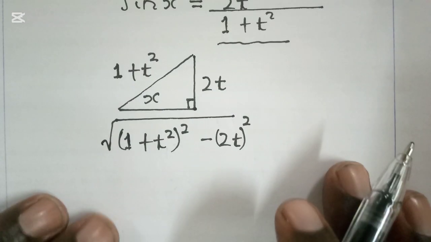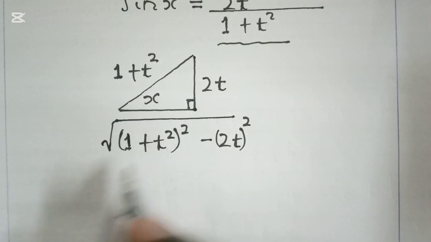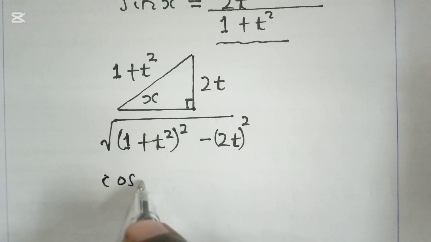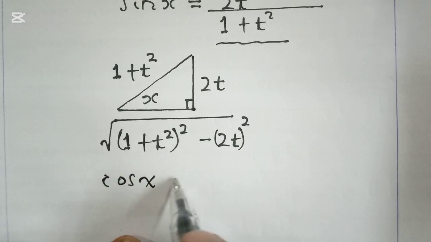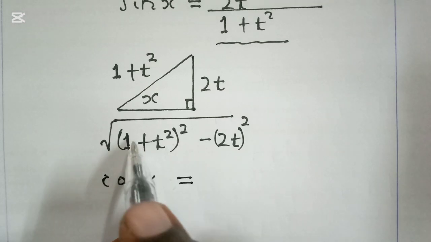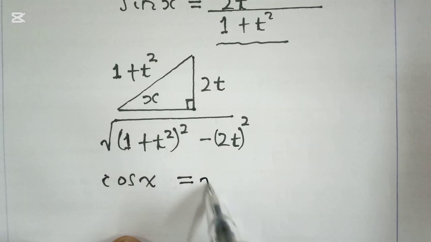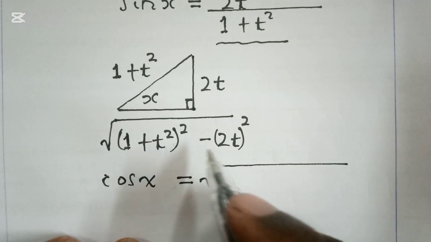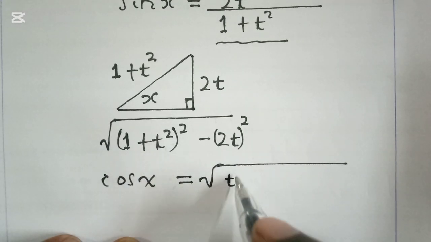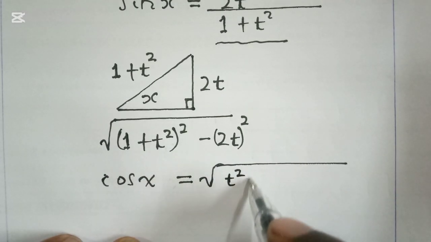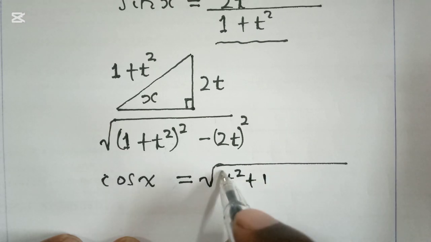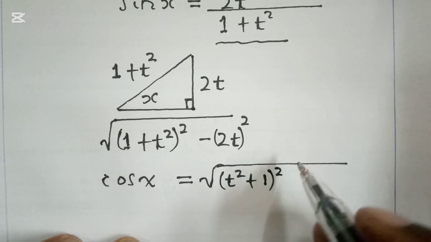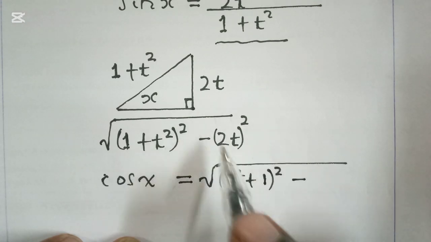And now we know that cos x is supposed to be given by adjacent, which is this. So I write it there. Let me start with the t squared plus 1 squared minus 2t squared.